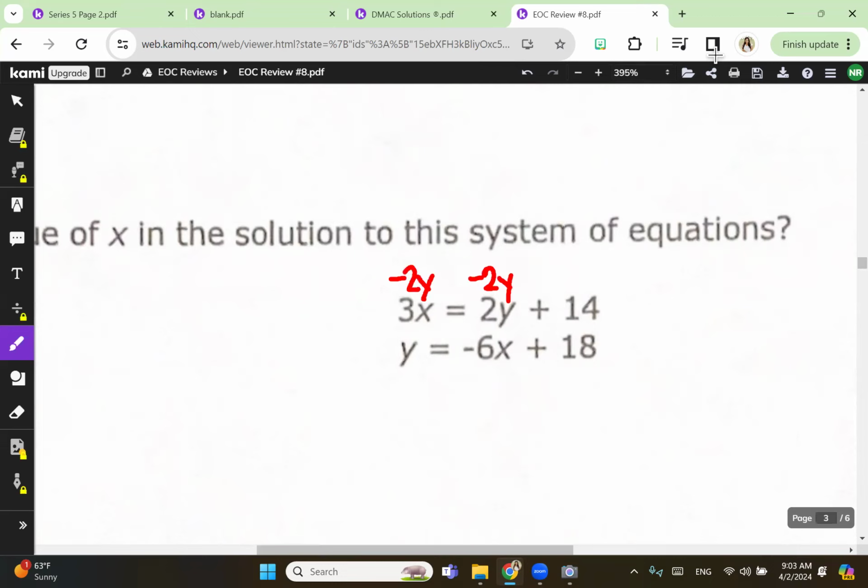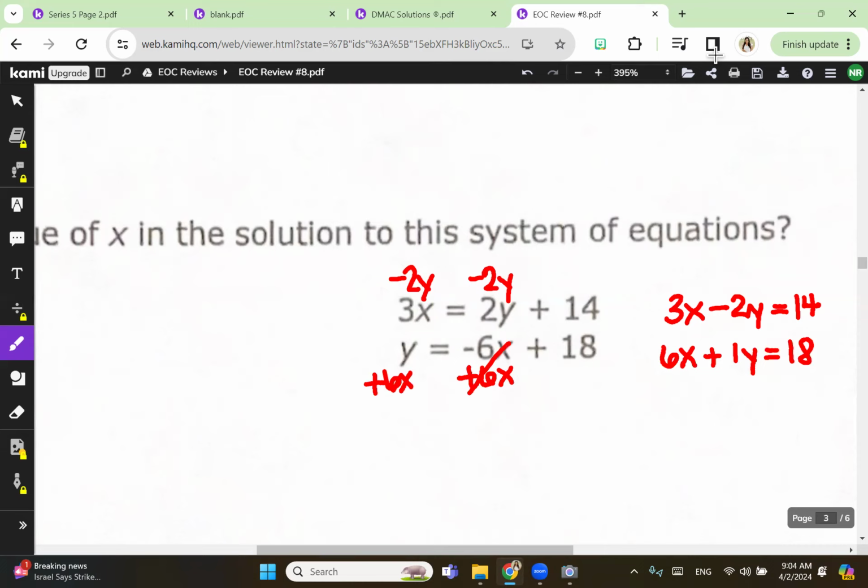So that first equation becomes 3x minus 2y equals 14. How do I change this equation to standard form? You subtract or add the 6x. Add 6x. When I do that, it becomes 6x plus 1y equals 18.